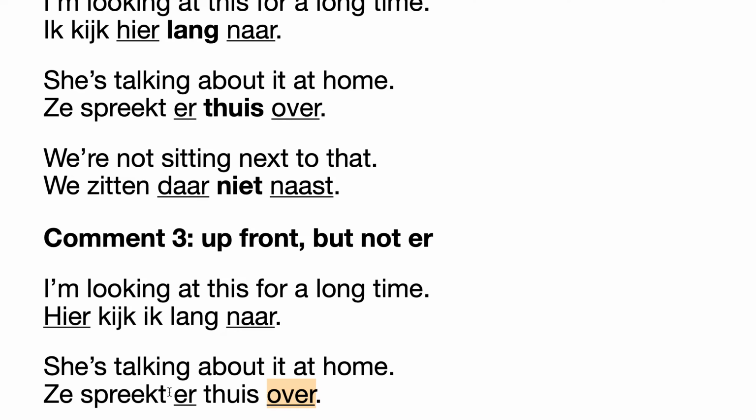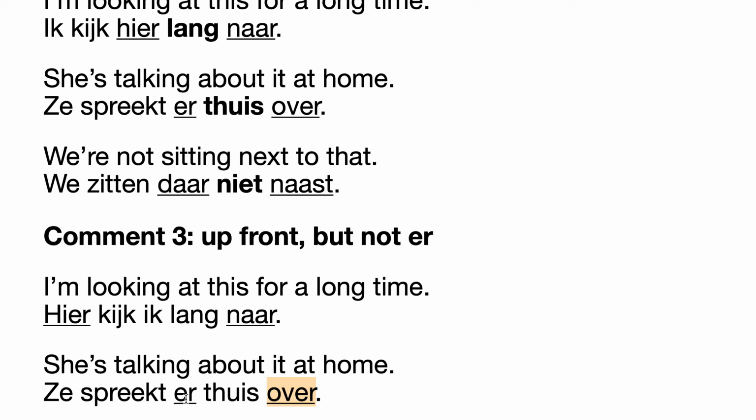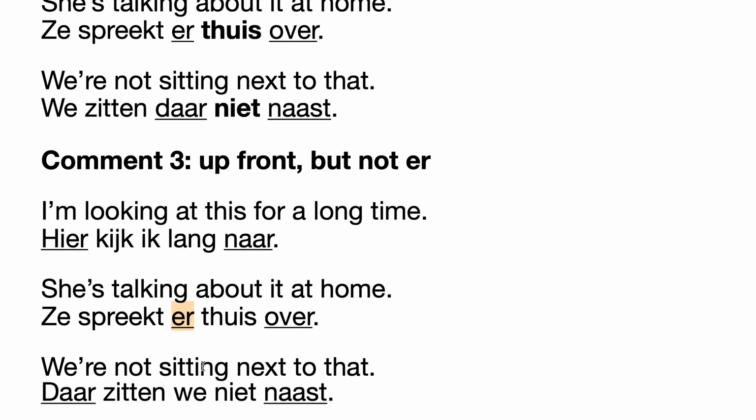Cool? So, ze spreekt thuis over. She's talking about it at home. The er is going to remain there in the middle of the sentence. Sample sentence with daar. Same as here, we're not sitting next to that. Daar zitten we niet naast.